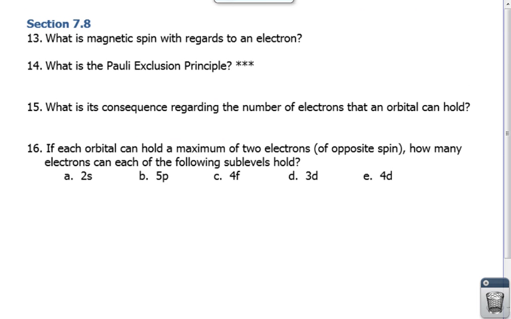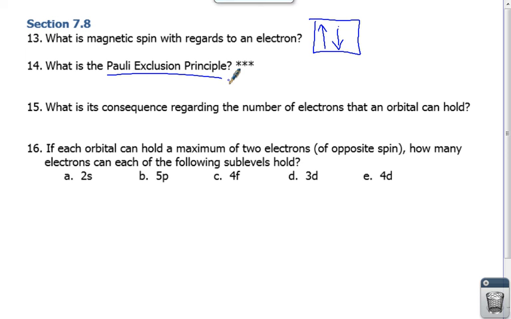Magnetic spin, we talk about how electrons are moving. They're kind of like moving magnets, but the magnet only has a negative side. And for two electrons to exist in the same orbital, they have to have opposite spin. This is what the Pauli exclusion principle is all about. Star, star, star.